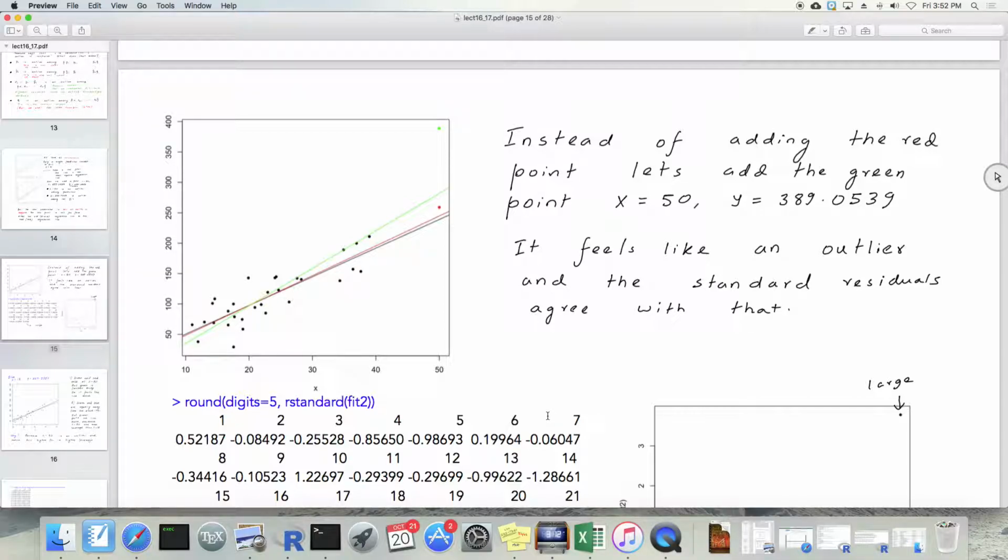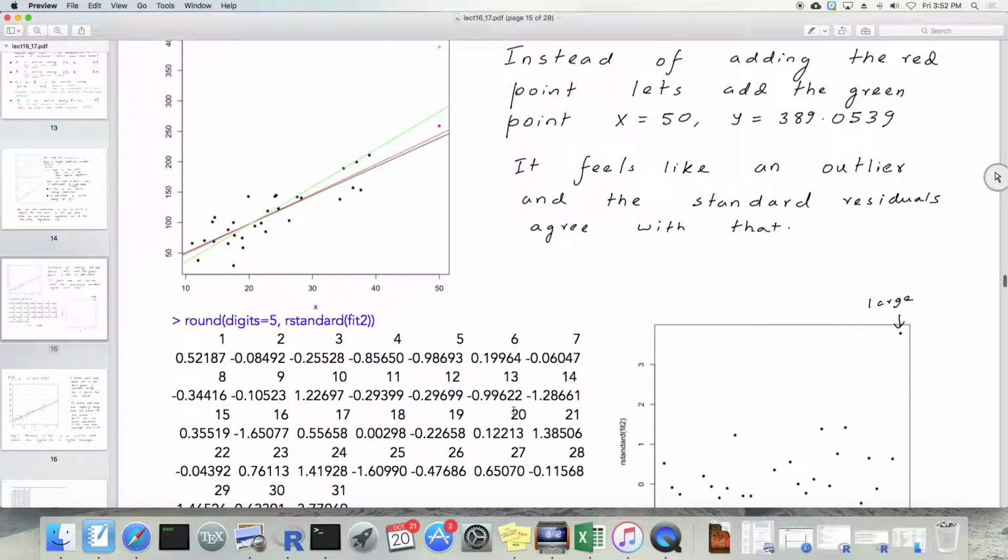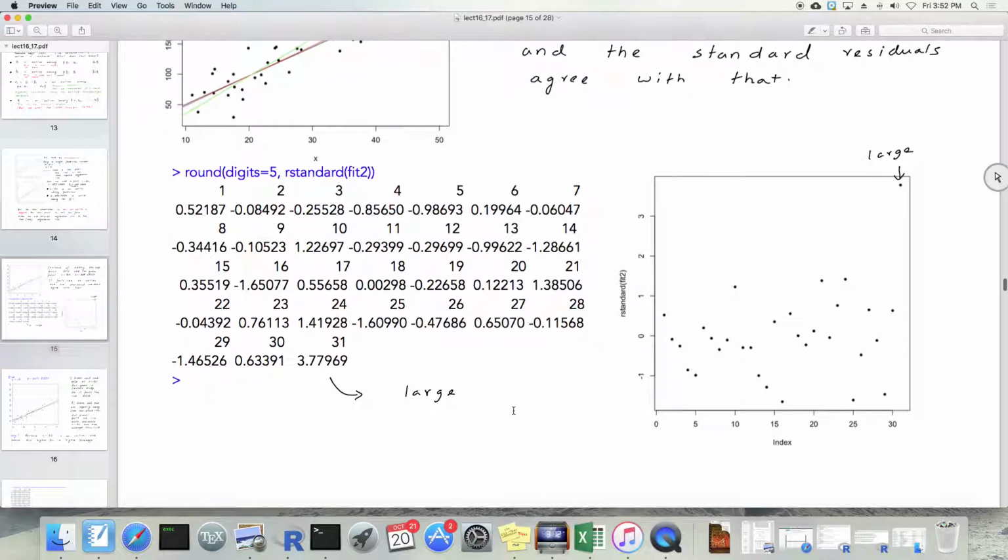That means the green line is too much not like the black line. It has shifted too much, and hence it's an outlier in response. We can also plot the ris over here, and we see that for the 31st point, the ri is truly large, while the ris for the rest of the points are over here.